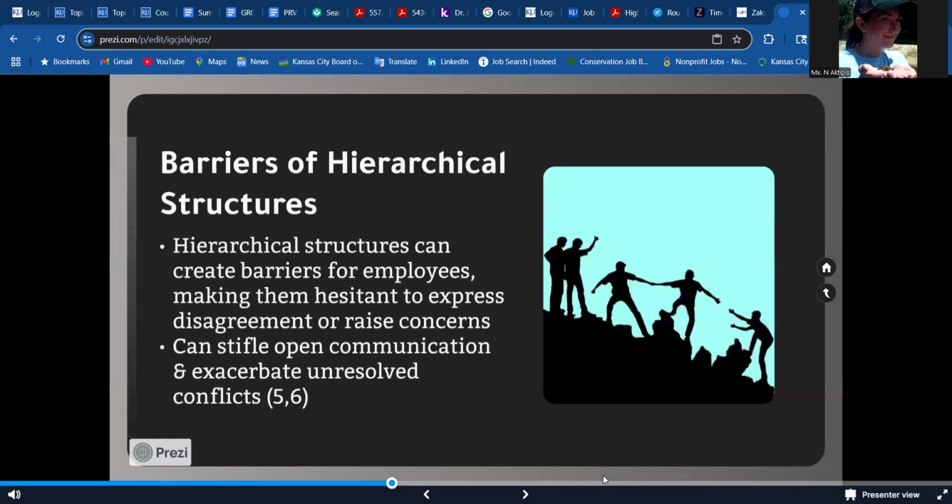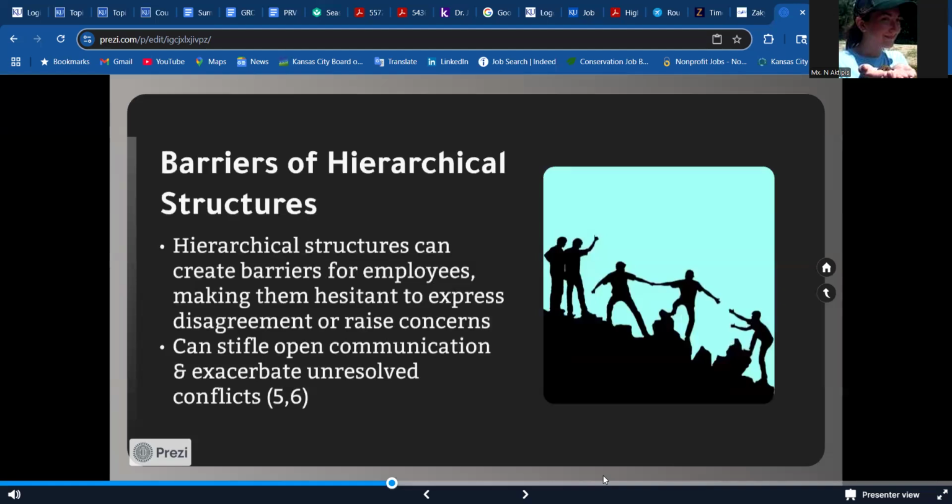Secondly, when there's workplace conflict and navigating it, thinking about the barriers of hierarchical structures. So these structures can create barriers between employees and management, or teaching staff and administration staff.